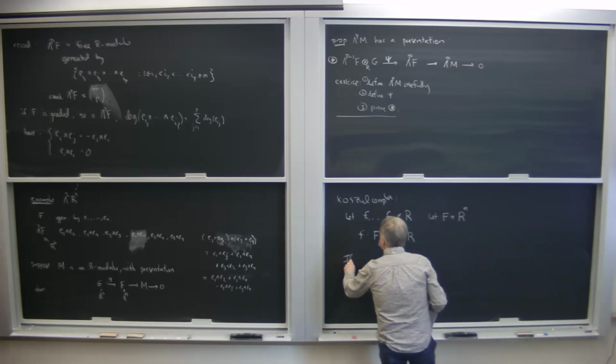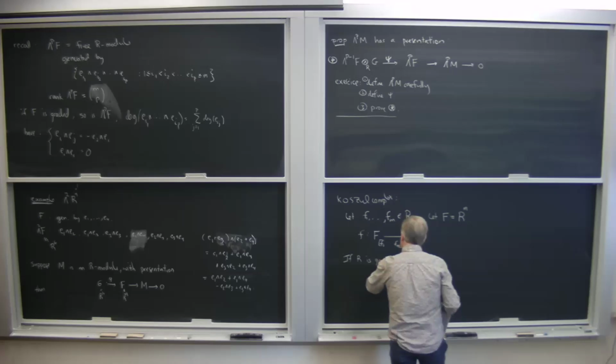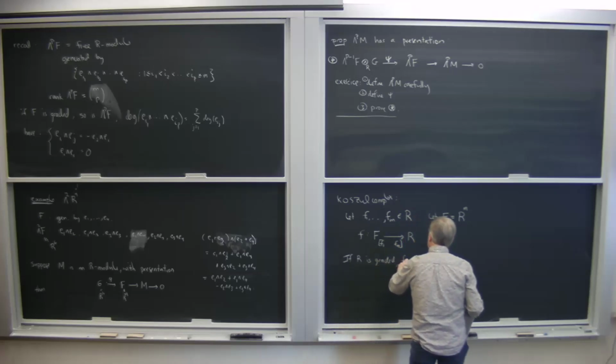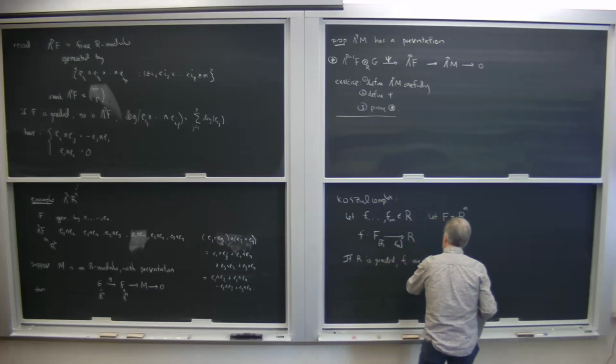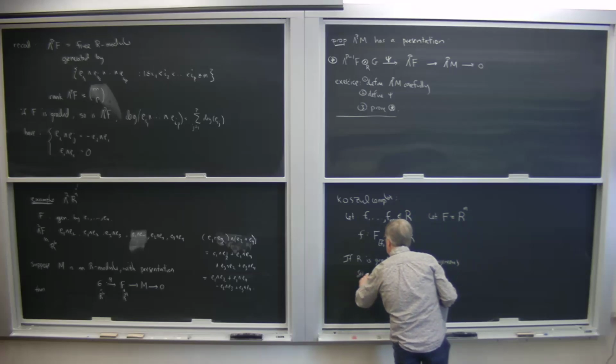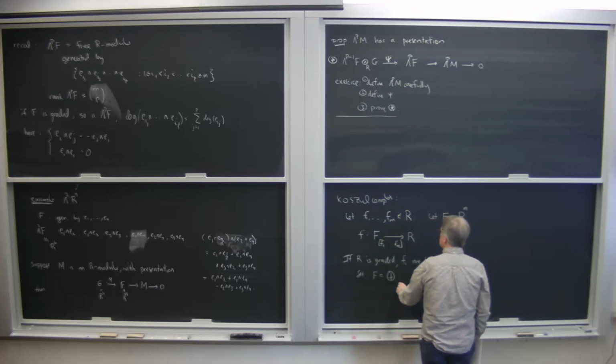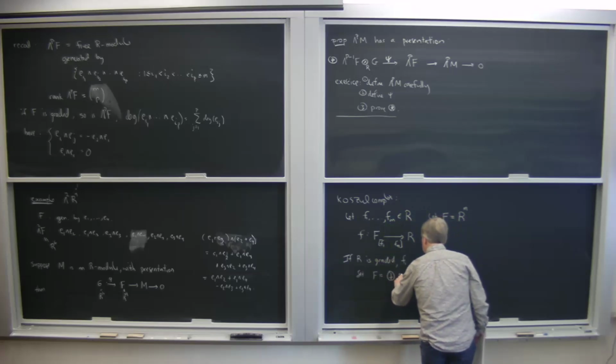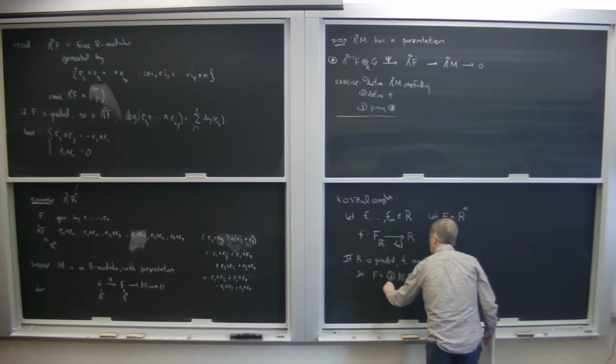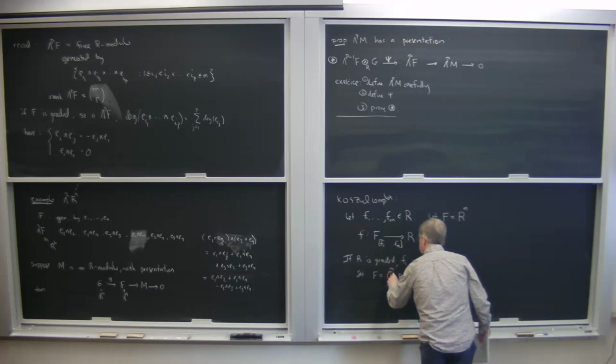If R is graded and the Fi are homogeneous, we set F to equal the direct sum of R to the minus degree of Fi, i equals 1 to m.